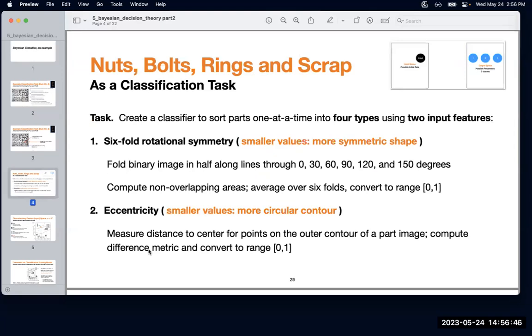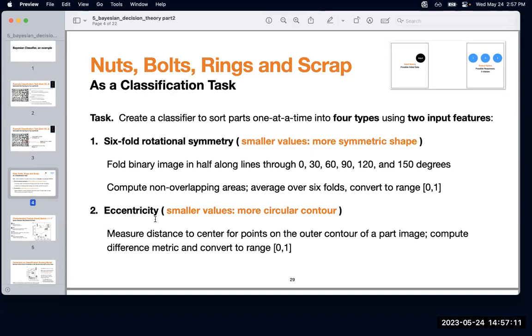So the specific features that we are using in our data set are these two. The first one is a six-fold rotational symmetry. On a high level, this is an idea of how symmetrical in shape the pieces are. If you have smaller values, this means that these are more symmetrical. And you have the second feature, which is called eccentricity.